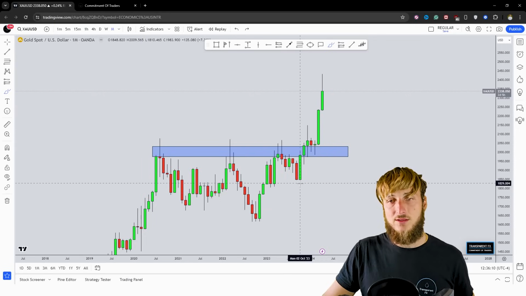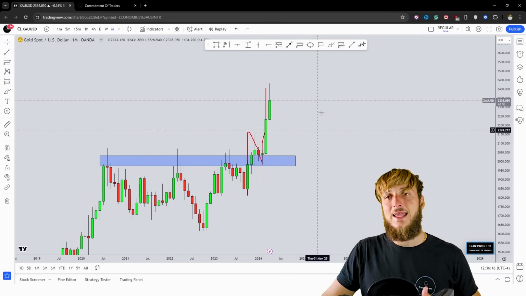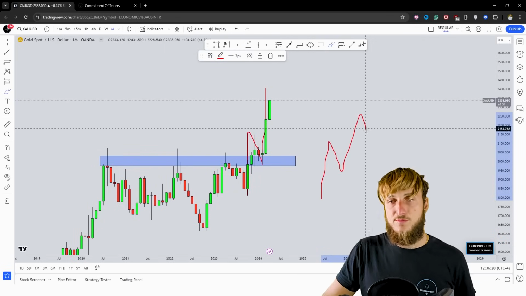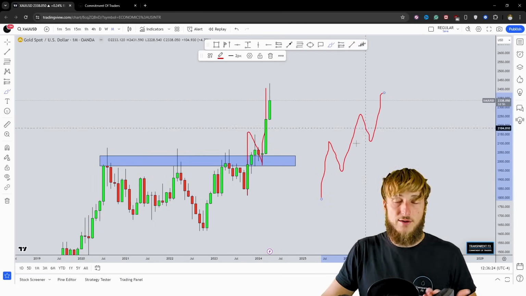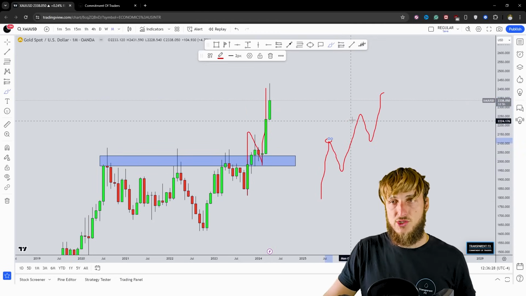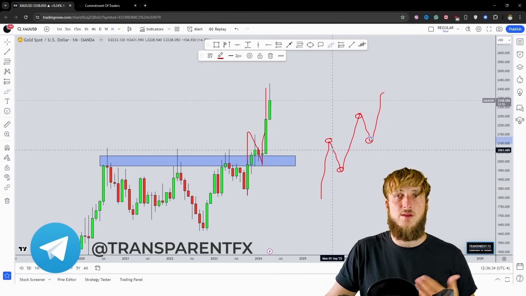And if we look at the pattern, we can notice how the last movement was an impulse, correction, continuation to the upside, and in the natural movement of the market, when the market is in an uptrend, you expect to see the creation of higher highs and higher lows, therefore impulses and corrections. And every time you expect the previous high to be higher and the previous low to be higher as well. Because in an uptrend, the market is creating higher highs and higher lows.